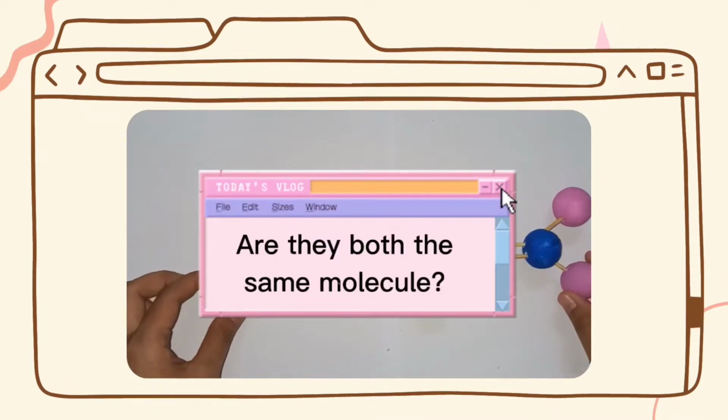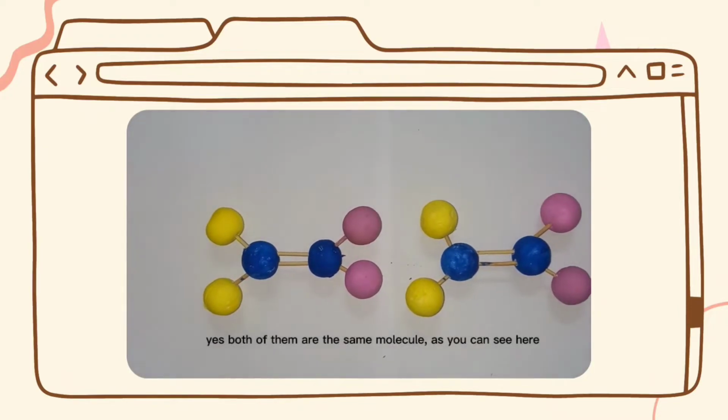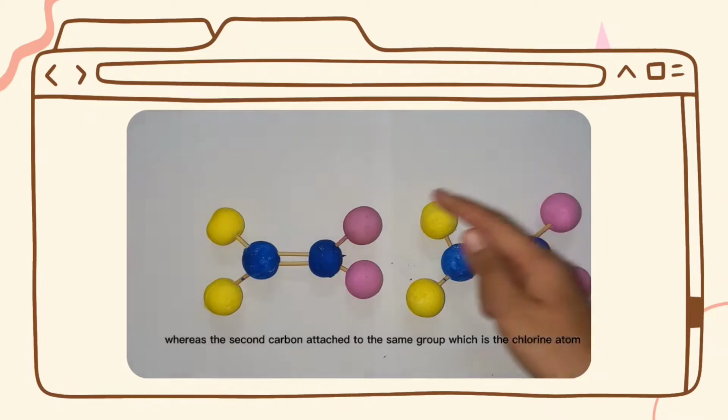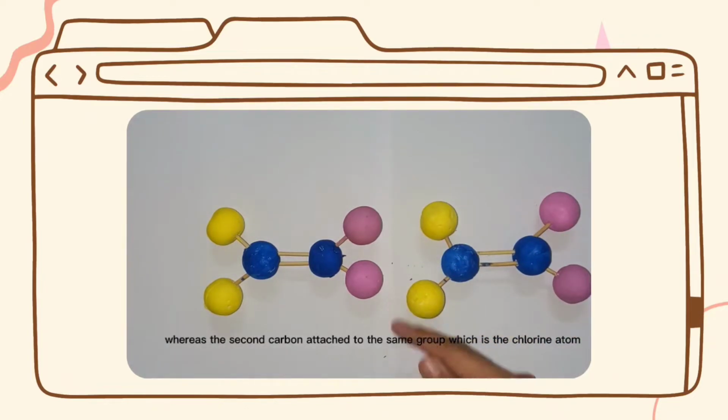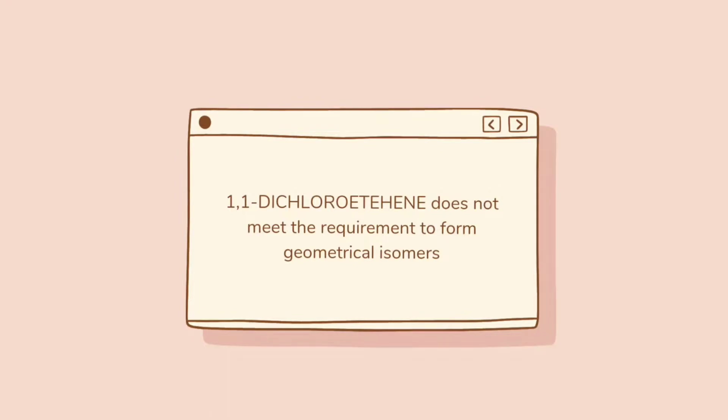Are they both the same molecule? Yes, both of them are the same molecule. As you can see here, the first carbon is attached to the same substituent, which is a hydrogen atom, whereas the second carbon is attached to the same group, which is a chlorine atom. There must be two non-identical groups on each doubly bonded carbon atom to form isomers.